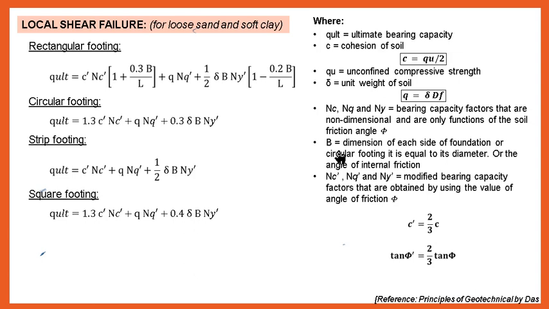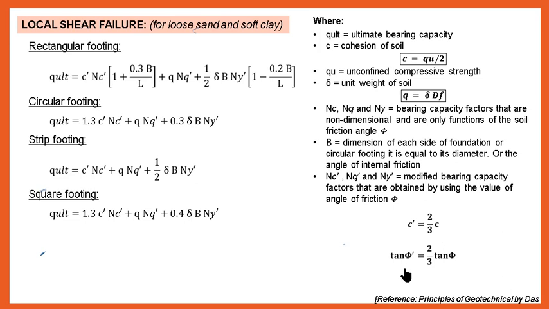And then, yung B natin is the dimension ng ating foundation. Pag circular, yung B natin is equal to its diameter. Okay? So, yung c prime natin, that is equal to 2/3 of c, 2/3 of the cohesion of the soil.